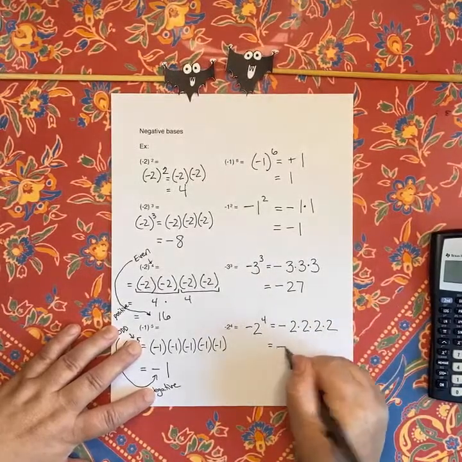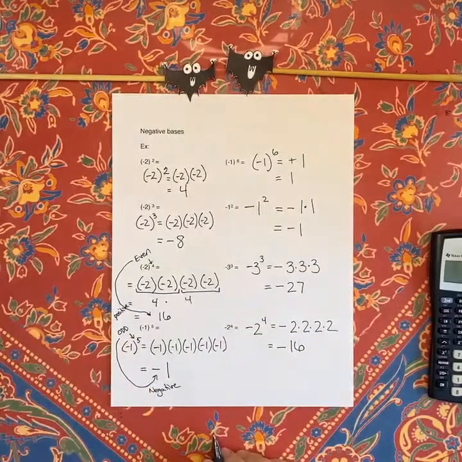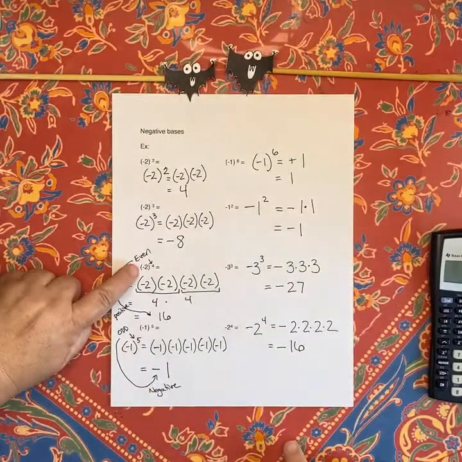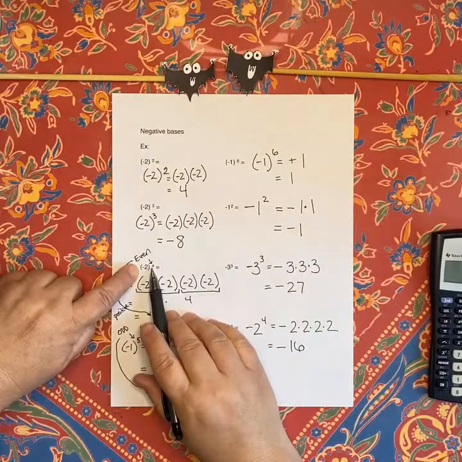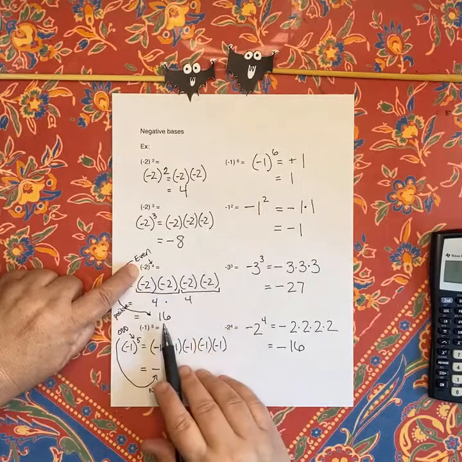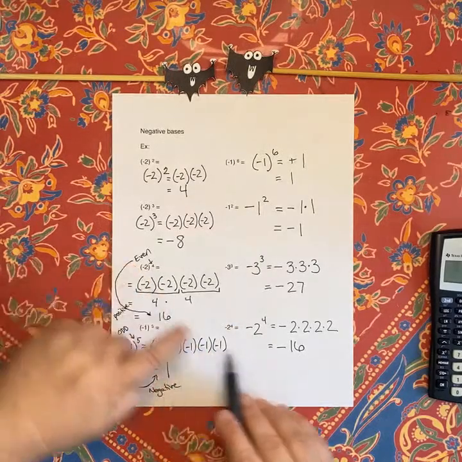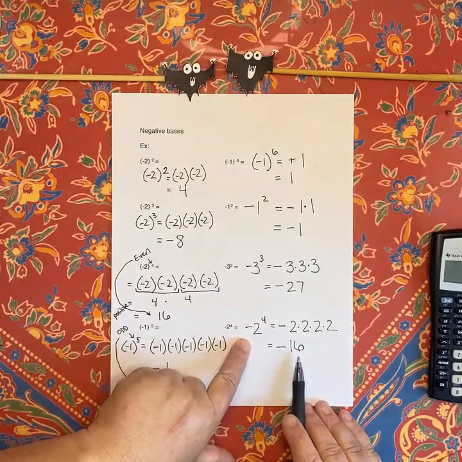So I get negative, and then this is 4 times 4 is 16. So take a look at the fact that with parentheses, the quantity -2 to the 4th power equals +16, but -2 to the 4th with no parentheses is -16.